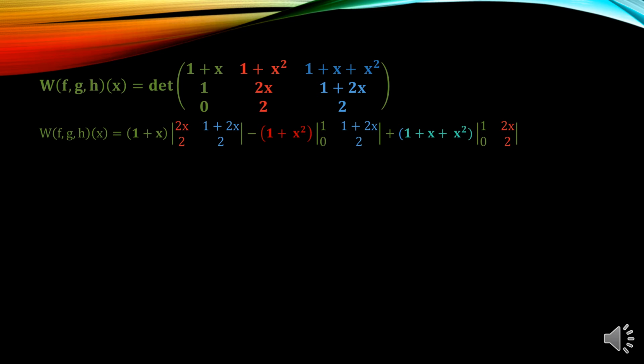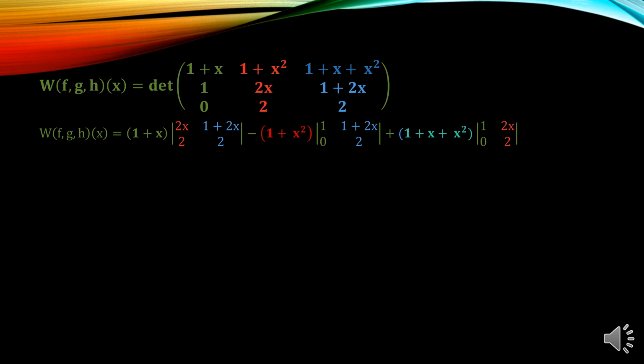Then similarly, the same idea is applied when I'm picking 1 plus x raised to the power of 2, and likewise when you're at 1 plus x raised to the power of 2, you remain with 1, 0, 2x and 2.